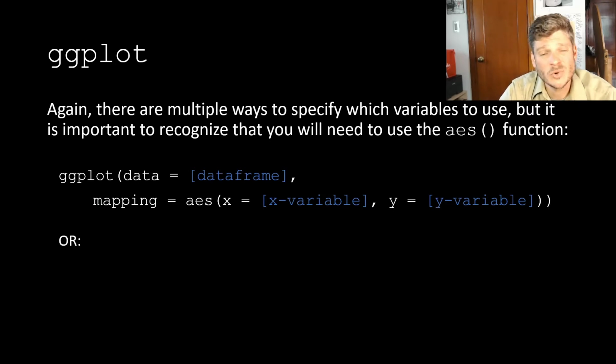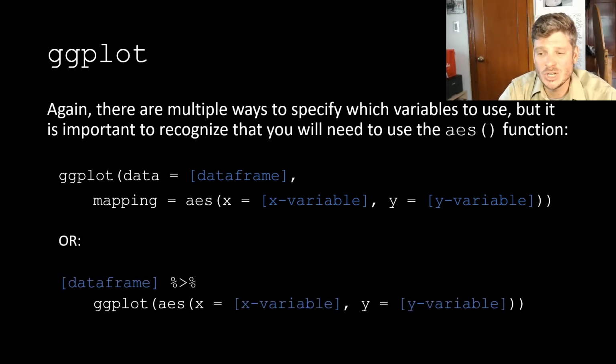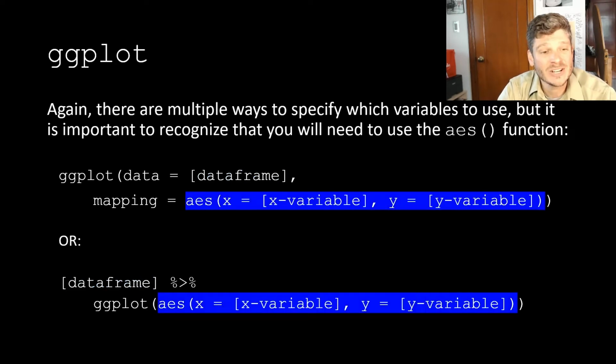Now, we can also use our piping function. Like I said, that's typically how I'm going to write my code as well. So I can pipe my data frame into ggplot, and then directly from ggplot, my next function is my aesthetic. And again, I define my x and my y. And you're going to see that aesthetic part is the same no matter which way we decide to write our code.